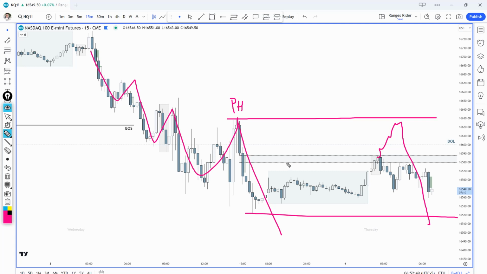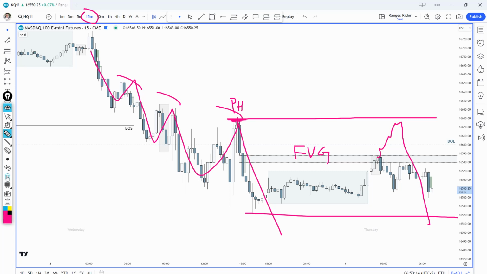So that's why we will not take the direct entry here at the imbalance. We will wait for the confirmation. This is my structure time frame, 15 minute, and we have all protected highs. The last high is this one for me, which needs to be protected.